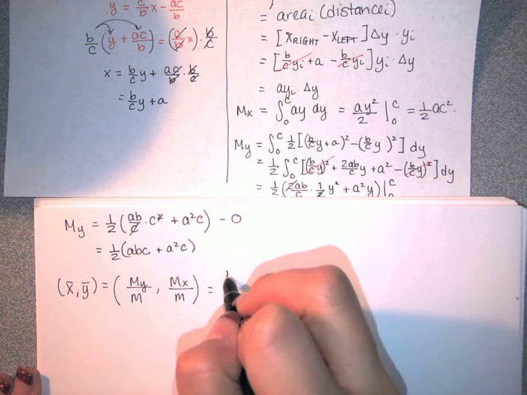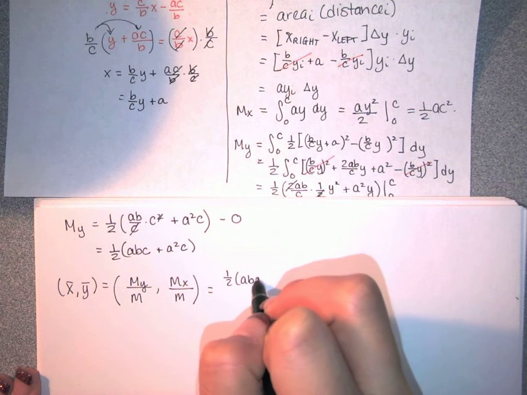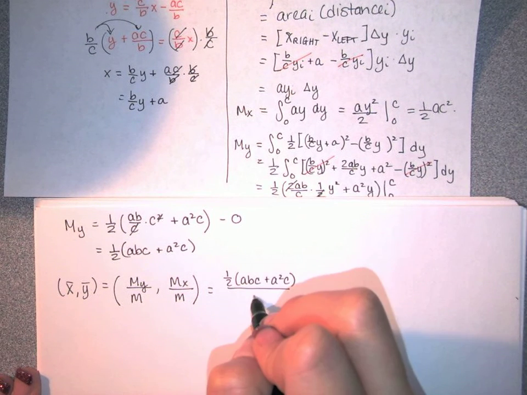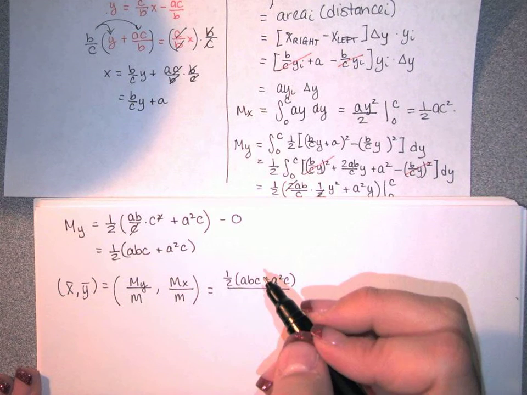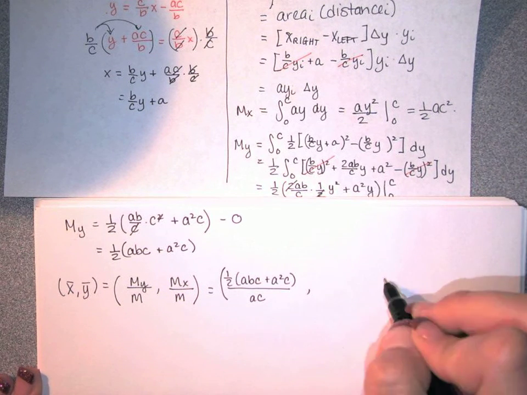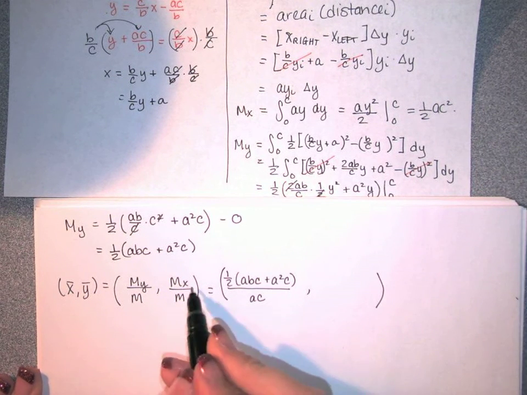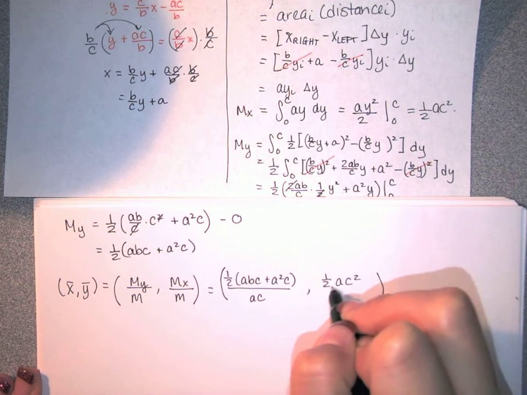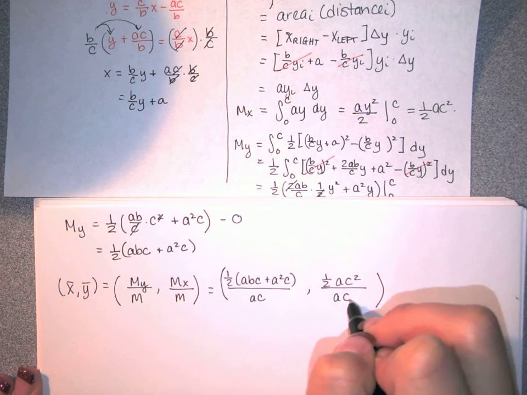Moment about the y-axis was this kind of ugly thing. And I'm dividing everything by the total mass, which was AC. And for the moment about the x-axis, I've got this. I'm dividing by the total mass.